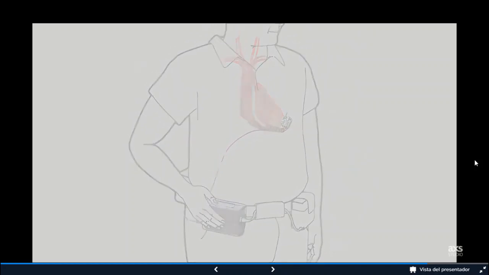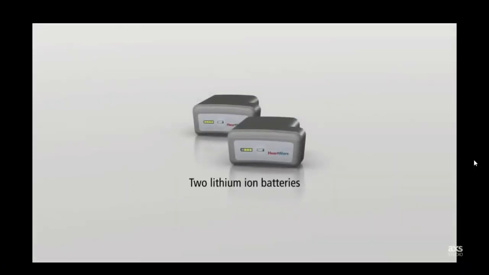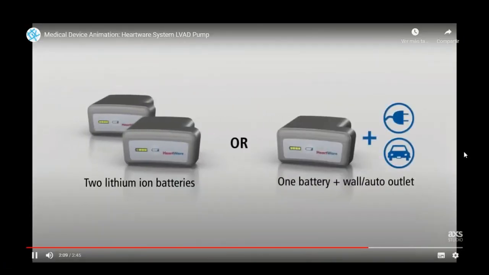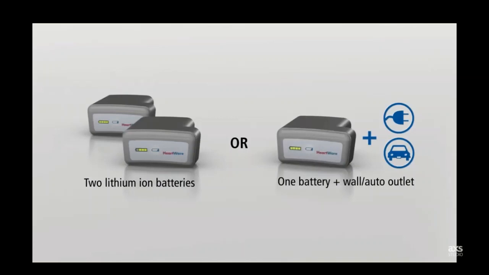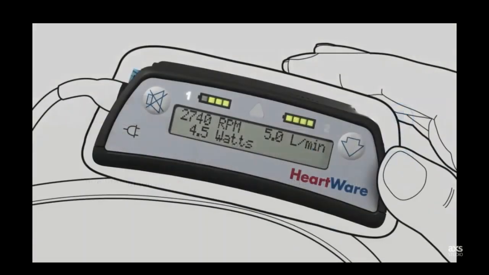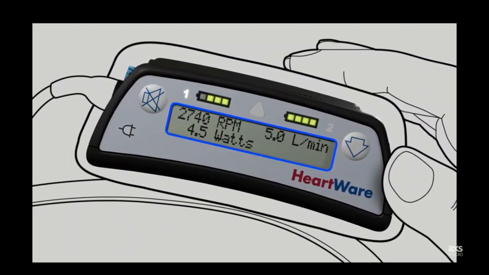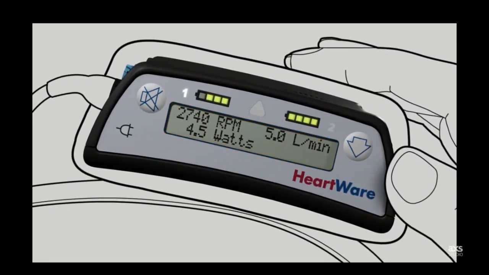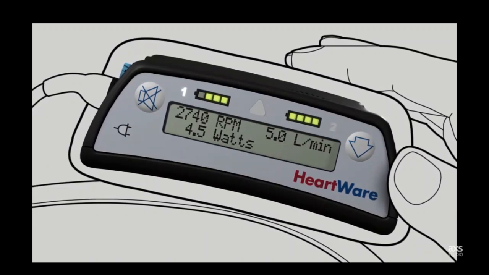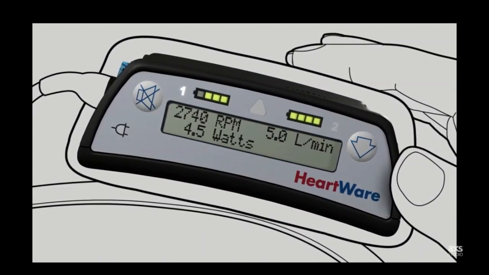The controller is powered by 2 lithium-ion batteries, or one battery plus an adapter connecting to a wall or vehicle electricity outlet. The controller operates the pump and features a 2-line LCD screen to display parameters, alarms, and recommended troubleshooting concerning the operation of the system.